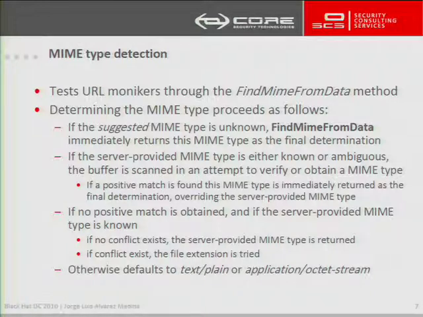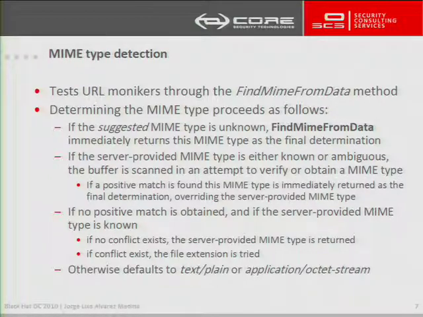In the case that the MIME type is either unknown or ambiguous, the buffer will be scanned anyway, because the browser will not directly trust the server-supplied content type. And if there is a coincidence between the content type that the server supplied and the one the FindMimeFromData function has found, the browser will take action according to that content type.